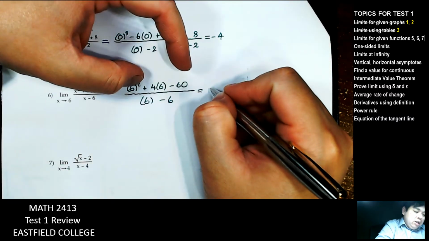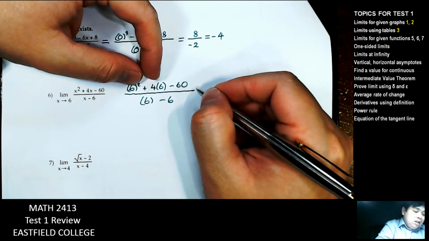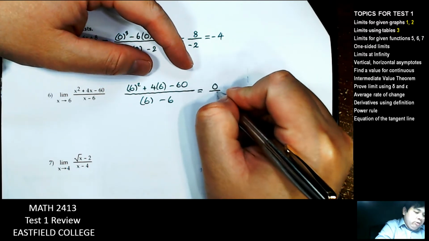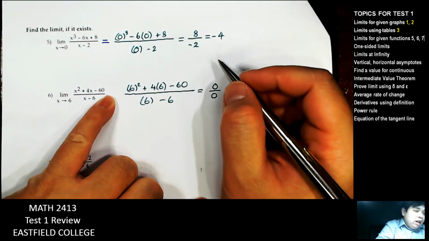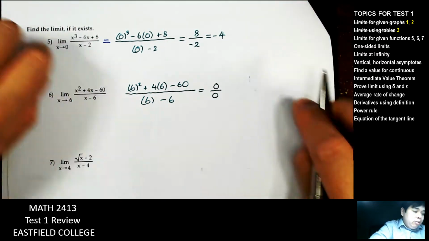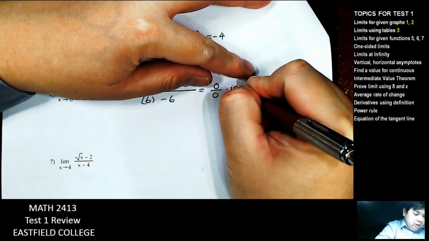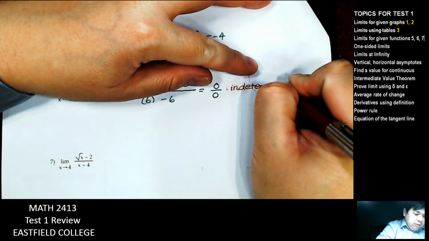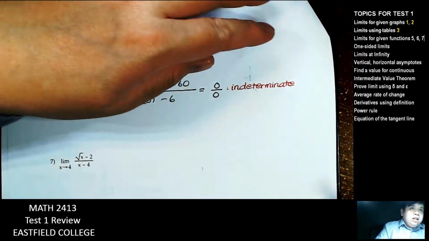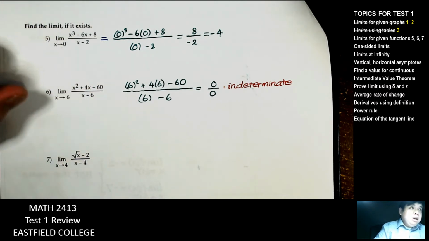So that will be 36, 24, that's 60, so it will be 0 over 0. Again, we do not write the equal sign yet, because this is indeterminate. It is indeterminate, so we cannot set the limit equal to that.